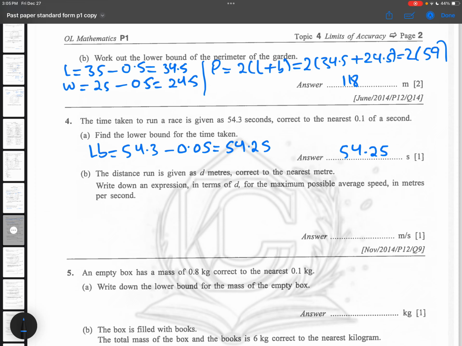54.25. Now part B says the distance run is given as d meters, correct to the nearest meter. Write down an expression in terms of d for the maximum possible average speed in meters per second. The formula for speed is distance upon time, and we will get the maximum value if we have the upper bound of distance and the lower bound of time.